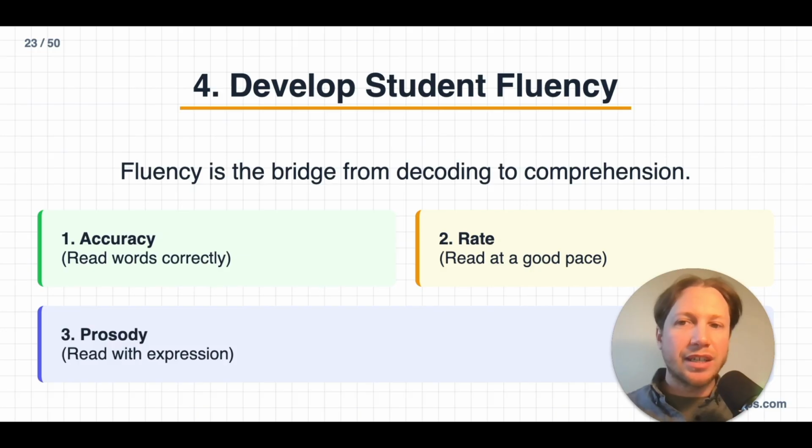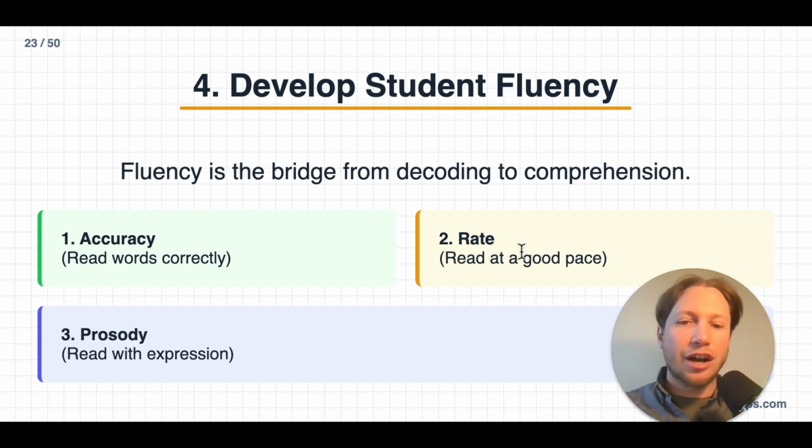Whereas fluency is like a bridge to comprehension, and it's made up of three parts. Sometimes we say these are the three arms or three legs of fluency. Very important for your exam, so make sure that you can recall that fluency is made up of, in green right here, accuracy, yellow, rate, and purple or blue, prosody.